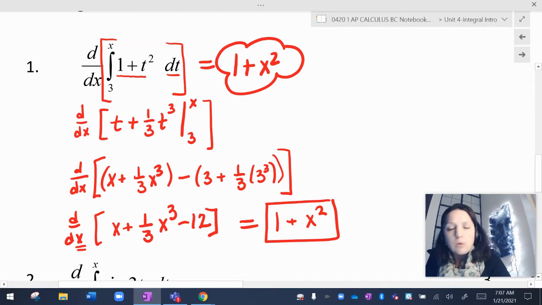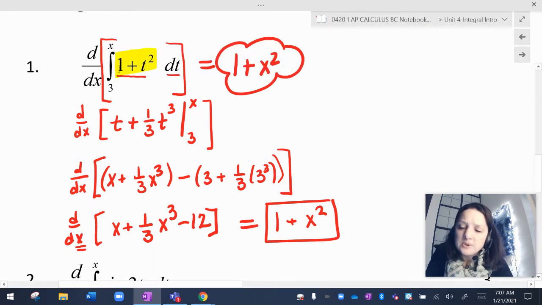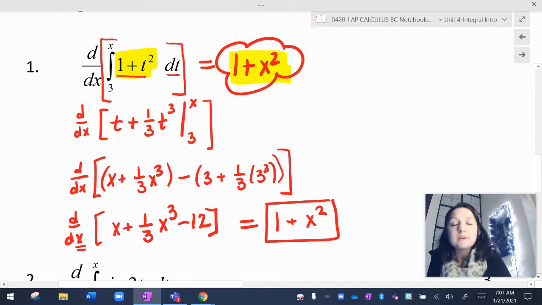Okay, well, what do you notice? What I notice is that I started with 1 plus t squared and I ended with 1 plus x squared. I was evaluating the integral of 1 plus t squared at an x, and then that x got put in.